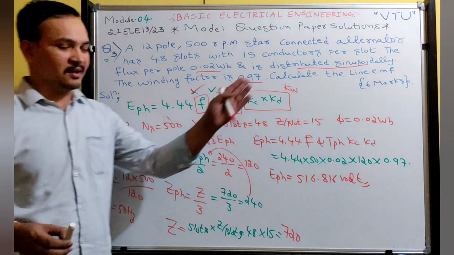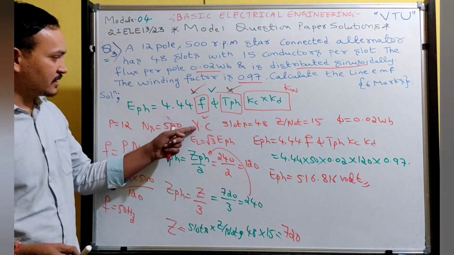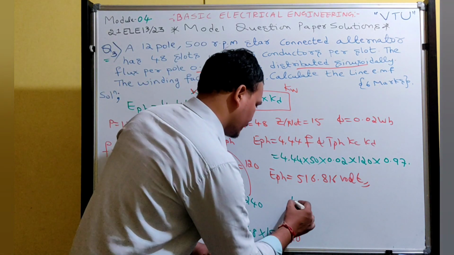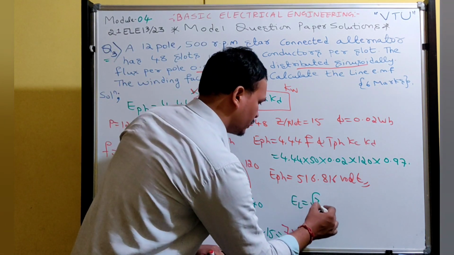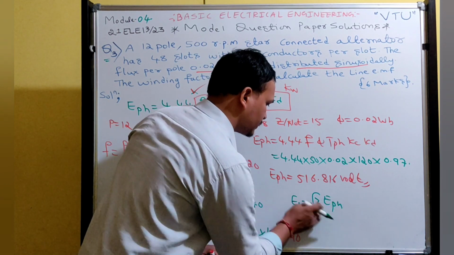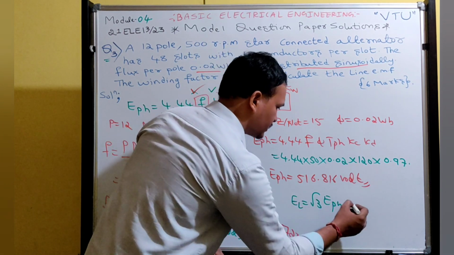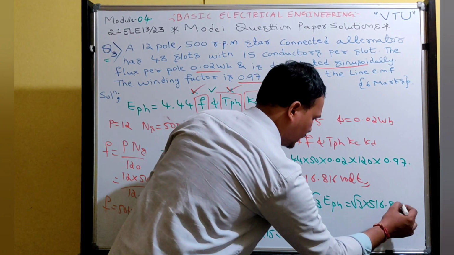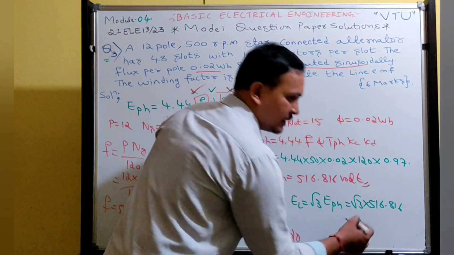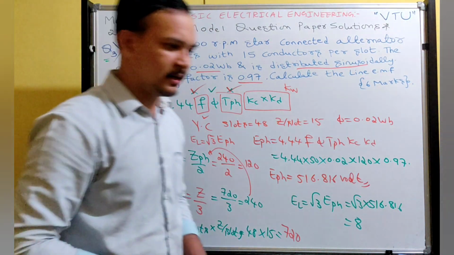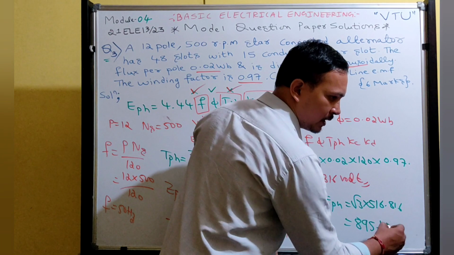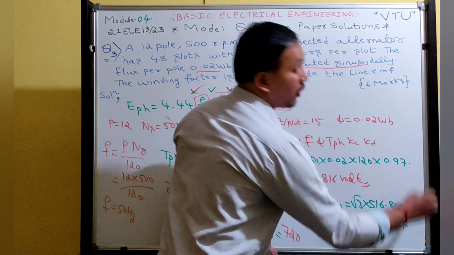But what are they asking? Line voltage. For line voltage, for star connection, what is line voltage? √3 times the phase voltage. So EL is equal to √3 into phase voltage. So guys, how much are you getting? √3 into 516.816. How much are you going to get? 895.15 volts.